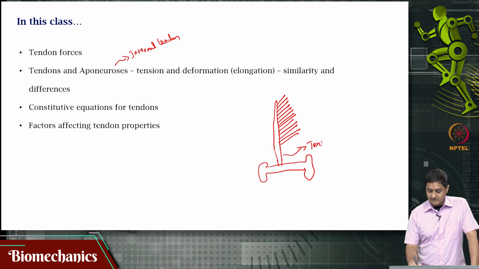This part of the tendon where the tendon attaches to the bone is simply called tendon or external tendon.